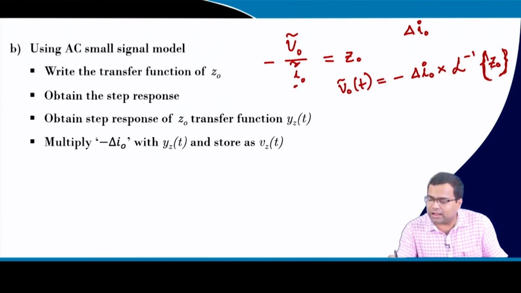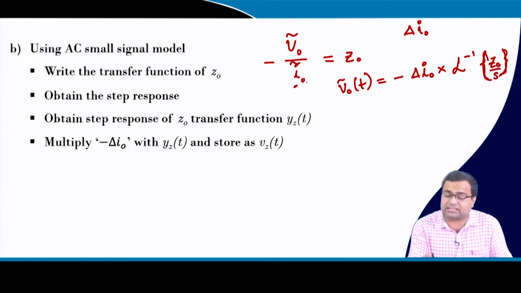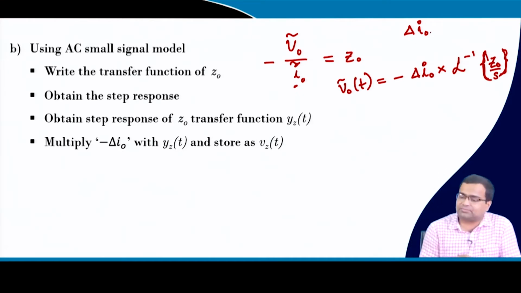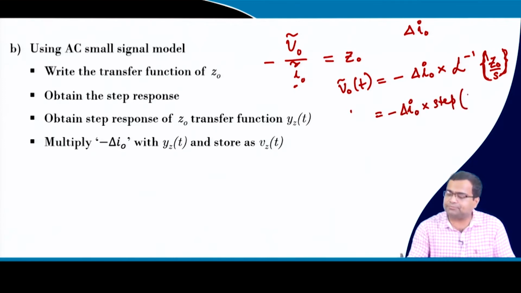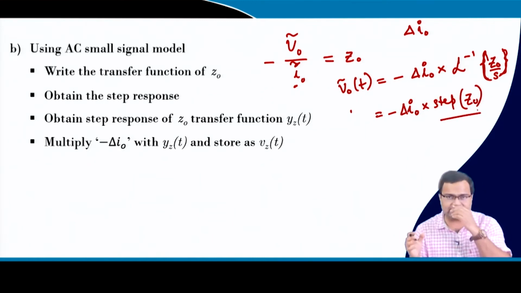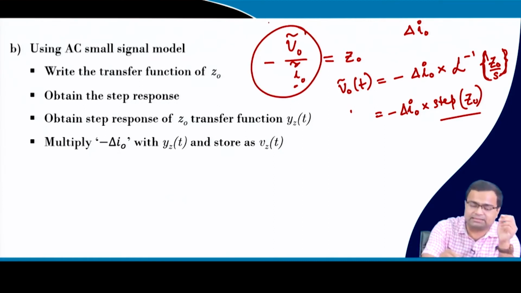If we do the Laplace transform of the step, it will be delta I0 by S. And in MATLAB, we will see that it is nothing but minus delta I0 into the step response of Z0, because it is the unit step response, as if you applied a unit load step. This negative is coming because of the negative sign.